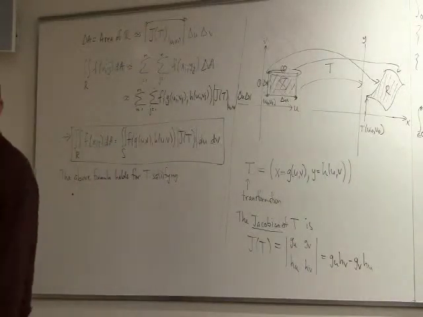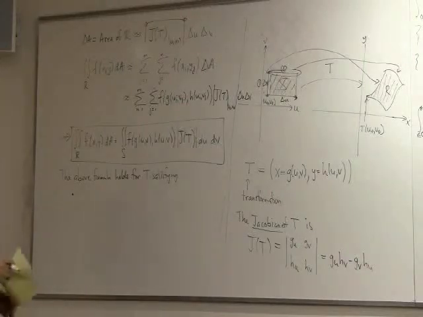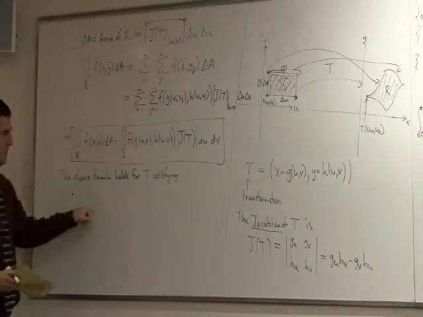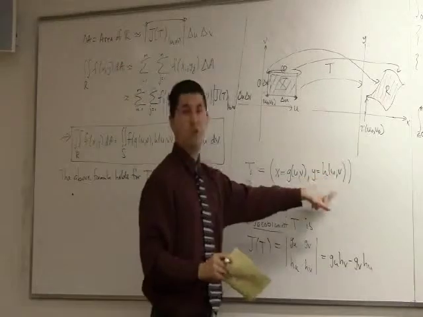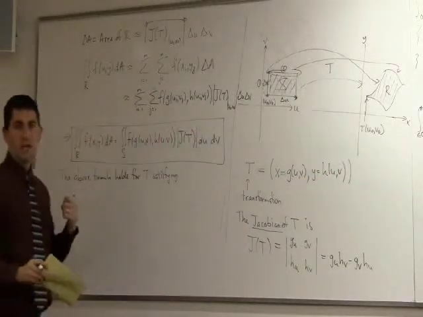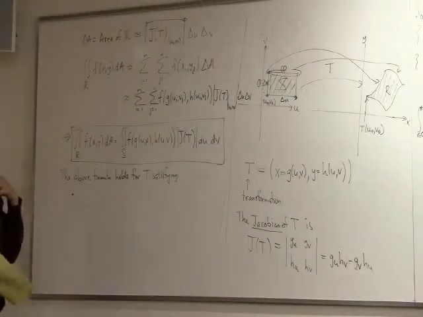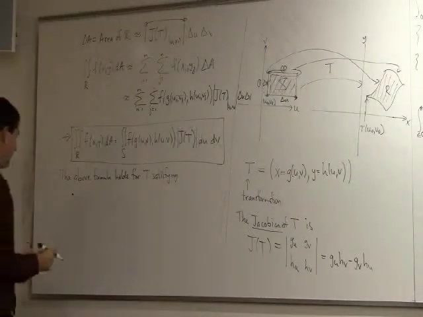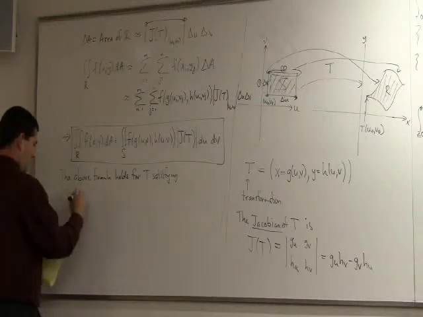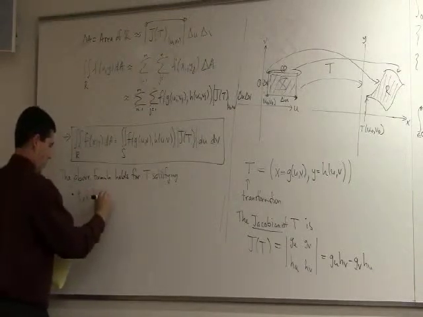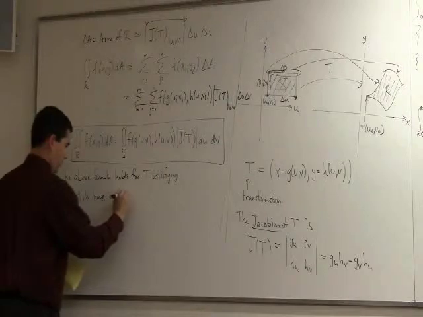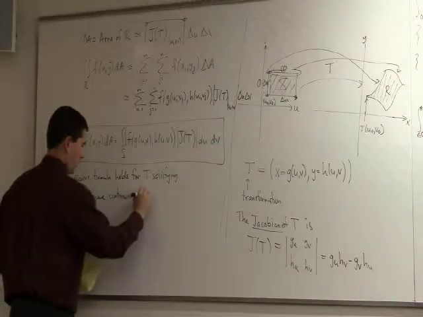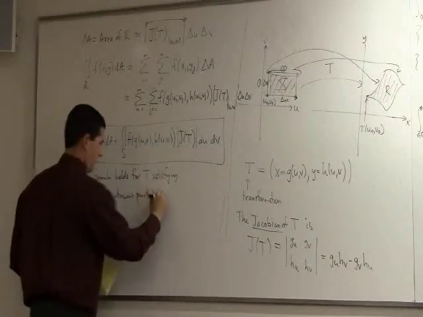You are limited, in a sense, to what T's you can use. So first, this T is made up of two functions, g and h. And those g and h should be particularly nice functions, namely they should have continuous partial derivatives. We've seen that condition before a lot, and it's a useful one.